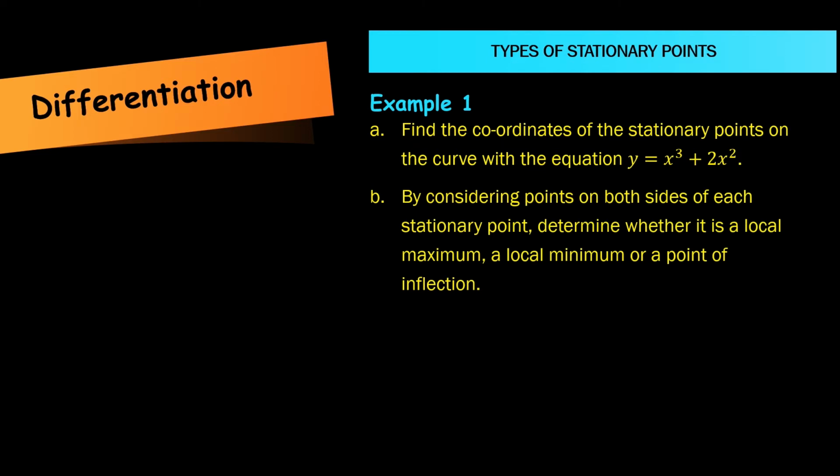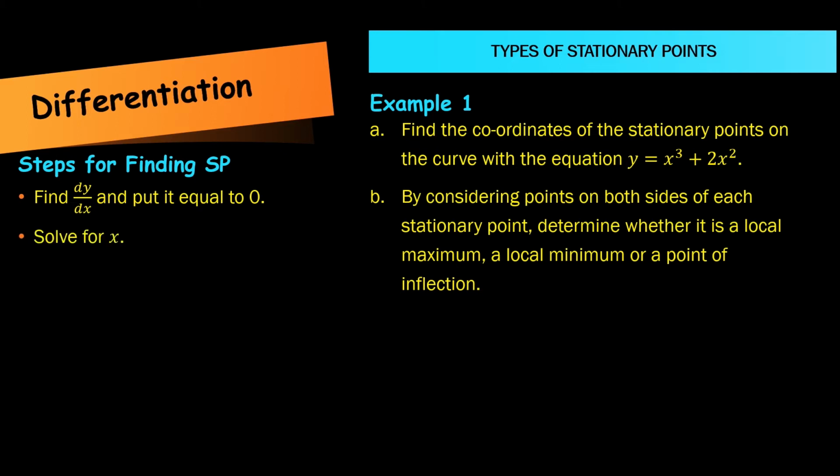Before we look at this example, let's examine the steps for finding the stationary points. First, find dy dx and put it equal to 0. Next, solve for x, and then substitute x in the original equation to find y.